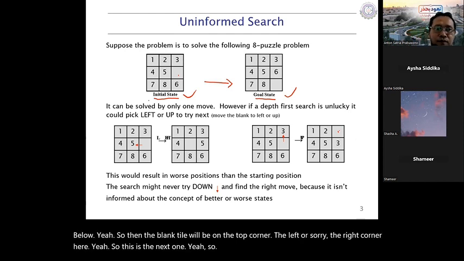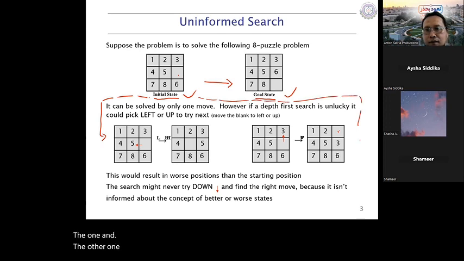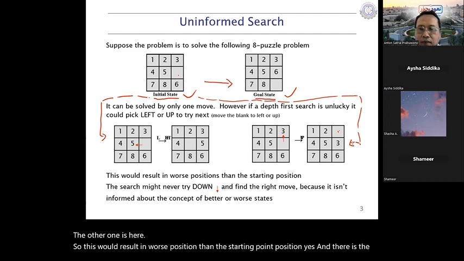It can be here, and the other one is here, right? So this would result in a worse position than the starting position, and the search might never try down.